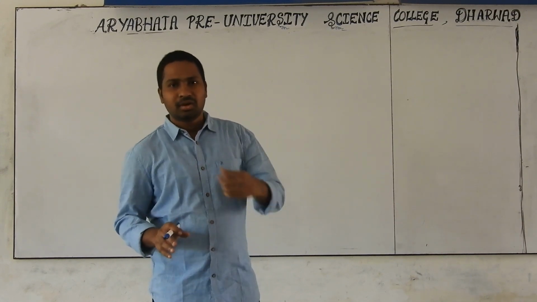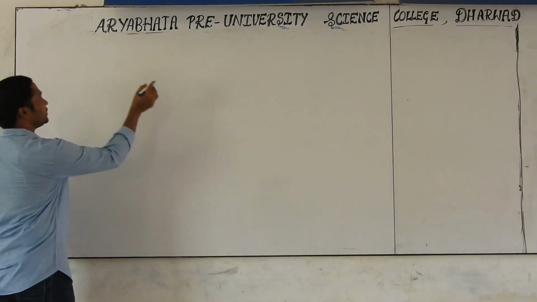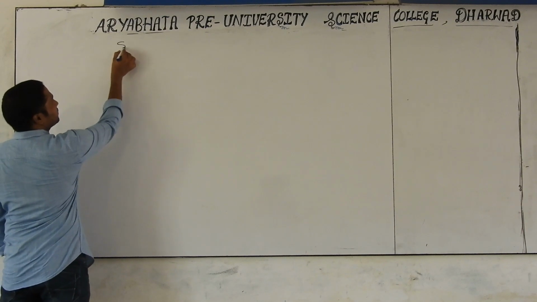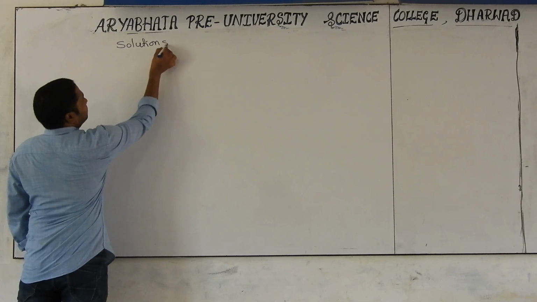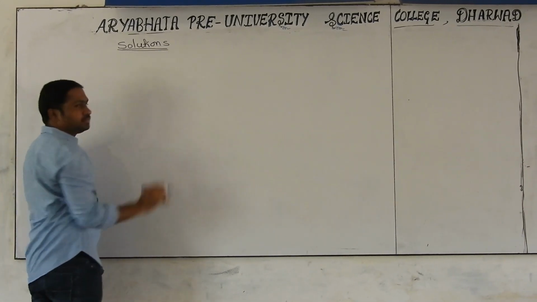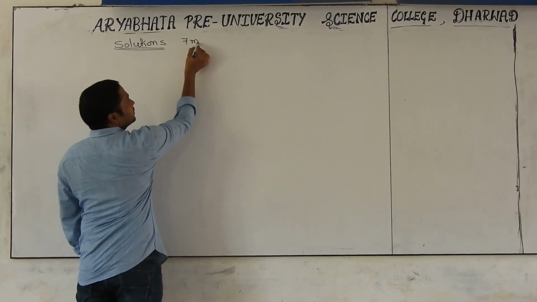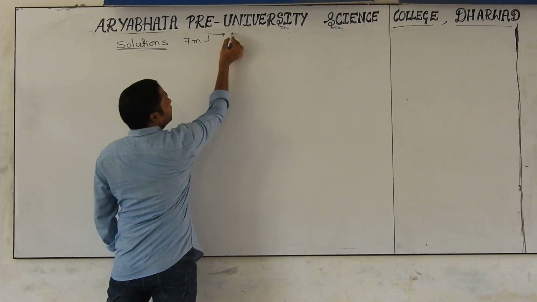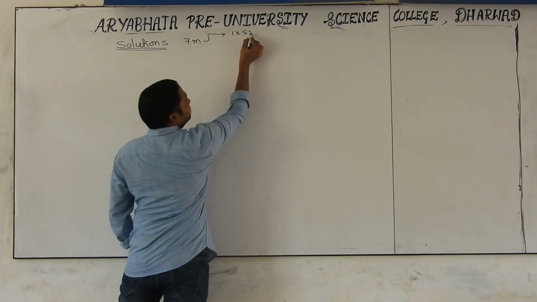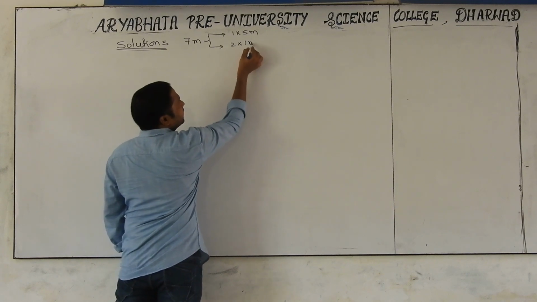Okay, now we are going to discuss the second topic in the second PUC, which is solutions. Usually the weightage for solutions is 7 marks, like solid state. Out of 7 marks, we get one 5-mark question and two 1-mark questions.